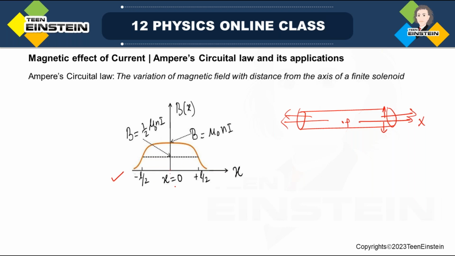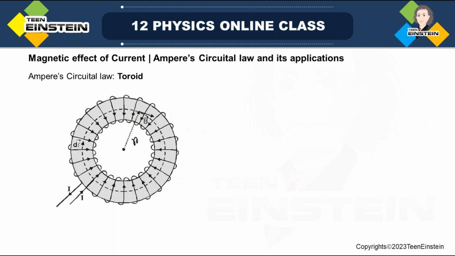So the magnetic field for a solenoid is maximum at the center, on the axis, and then on either side it decreases.